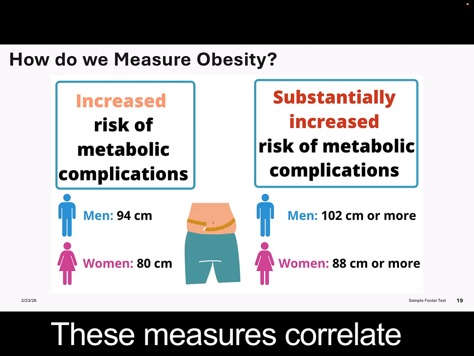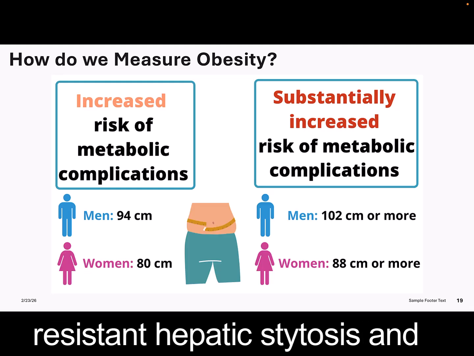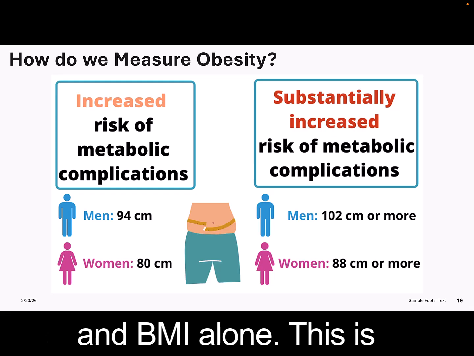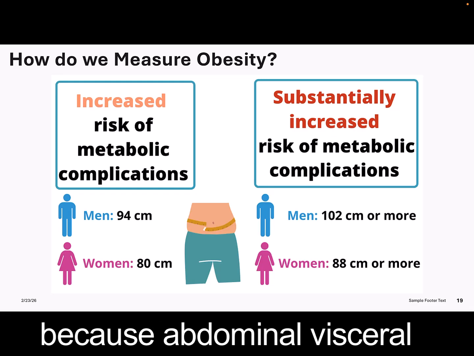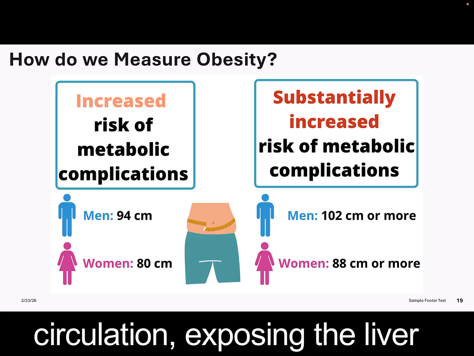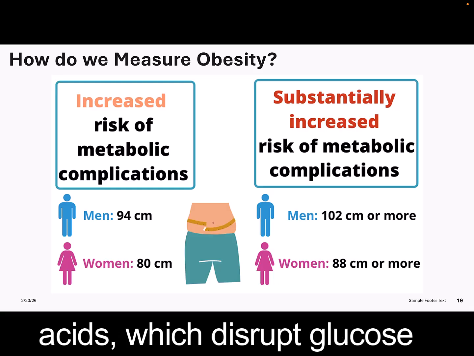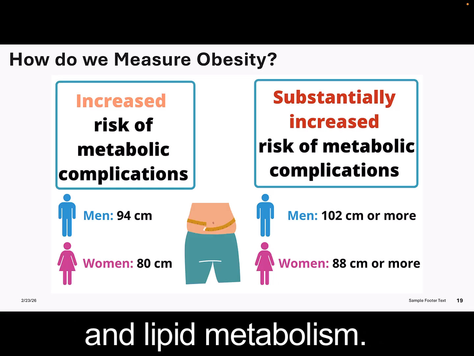These measures correlate more strongly with insulin resistance, hepatic steatosis, and cardiovascular disease risk than BMI alone. This is because abdominal visceral fat drains into the portal circulation, exposing the liver directly to inflammatory cytokines and free fatty acids, which disrupt glucose and lipid metabolism.